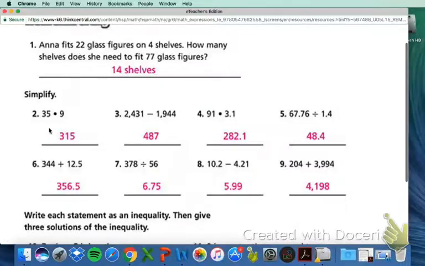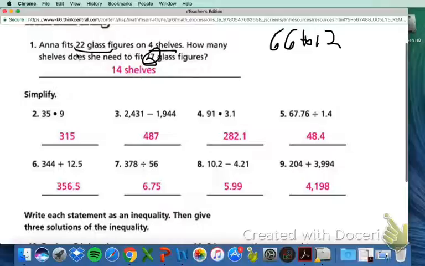Okay, and if it's 22 glass figures onto 4 glass shelves, how many shelves do you need to fit 77 glass figures? Right, you double it up, it would be 44. You triple it up, it would be 66, for that same ratio. Obviously we can't double up again because that's going to shoot us past 77.